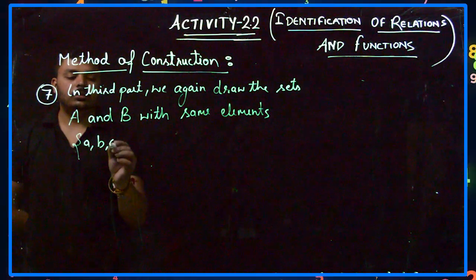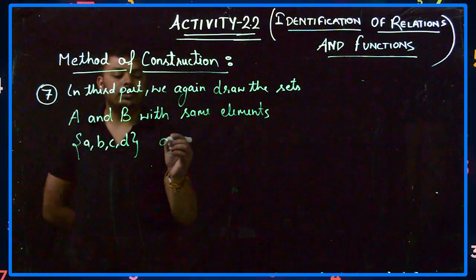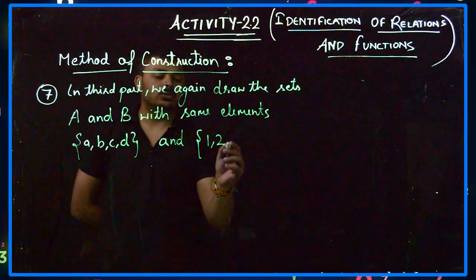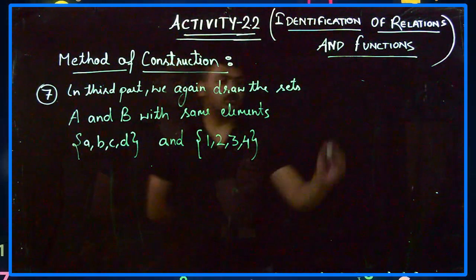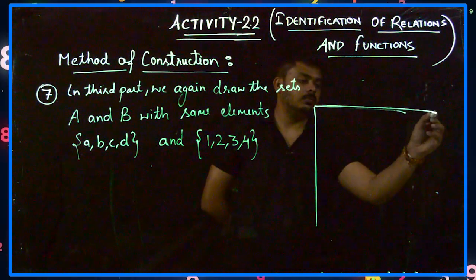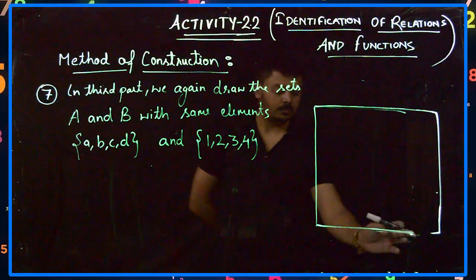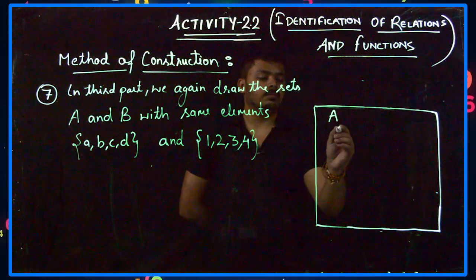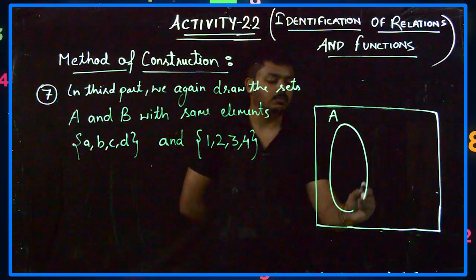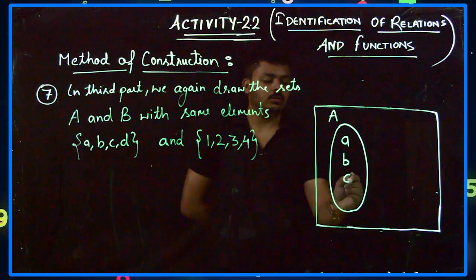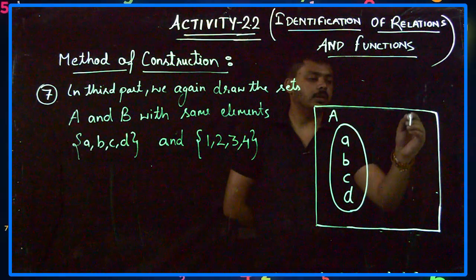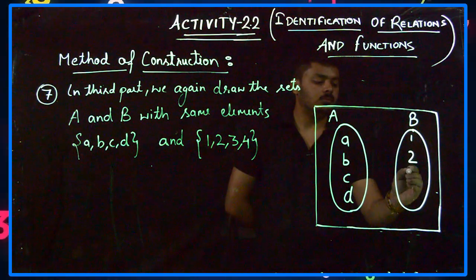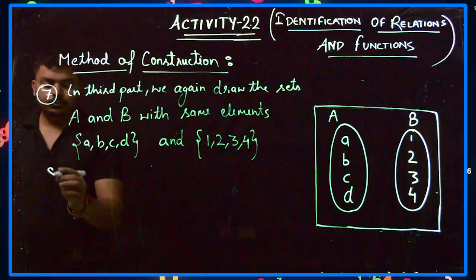A, B, C, D and 1, 2, 3, 4. So let's draw set A, B, C and D, and set B, 1, 2, 3, 4.